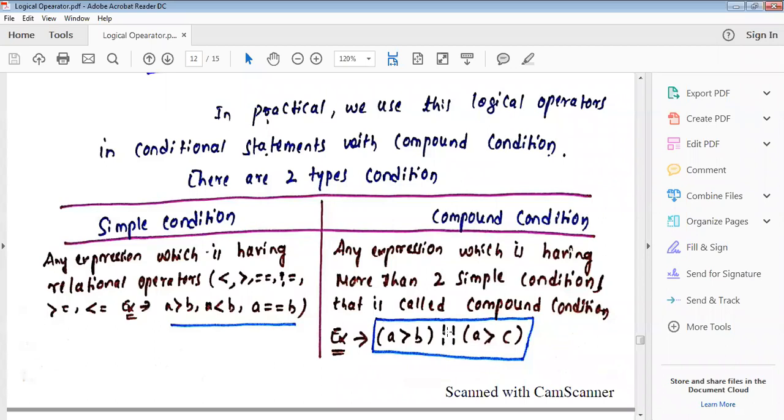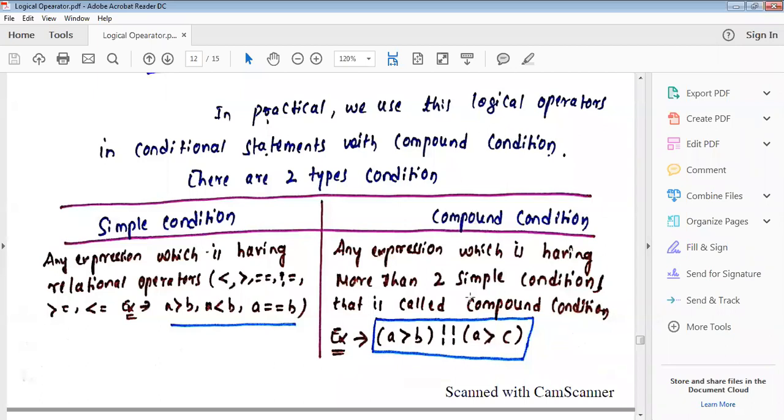You use a logical operator when you are having more than two simple conditions. Otherwise, you are not using logical operators.